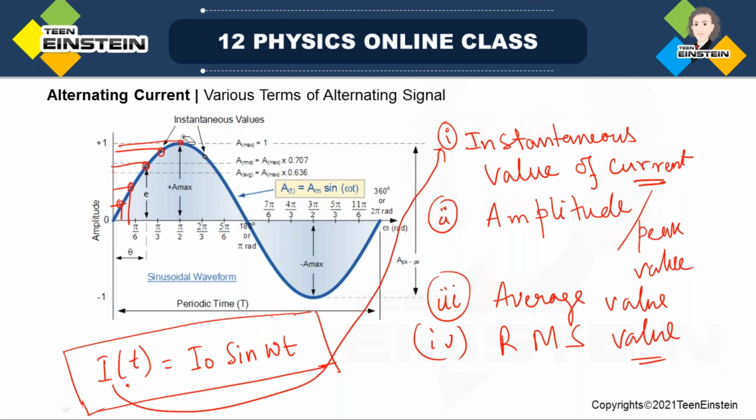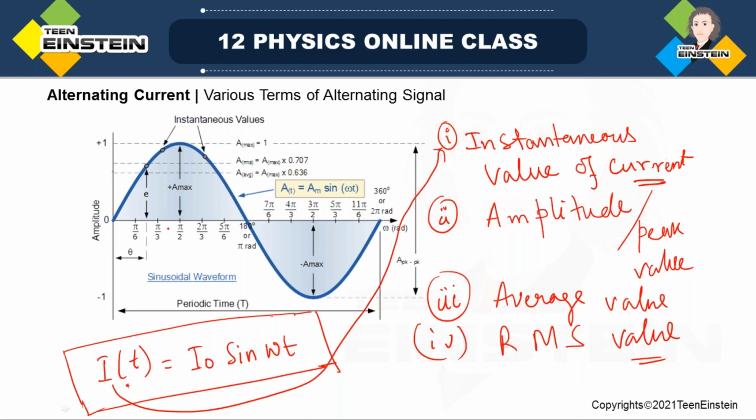Then we would like to know what is peak value or amplitude. You might be knowing from your 11th standard knowledge that the amplitude of any wave is the maximum value it attains on both sides. Since it is a symmetric sinusoidal wave, both in the positive cycle and negative cycle, the maximum value it attains in both cycles.